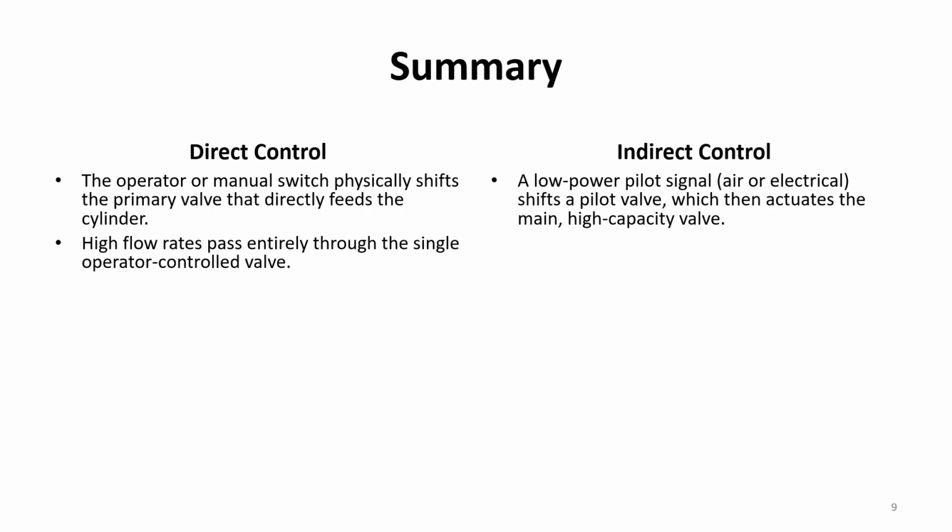Typically, in direct control, the entire flow that is required for actuating the cylinder will be happening through the DCV itself. So the DCV used in direct control should support high flow rate through it.